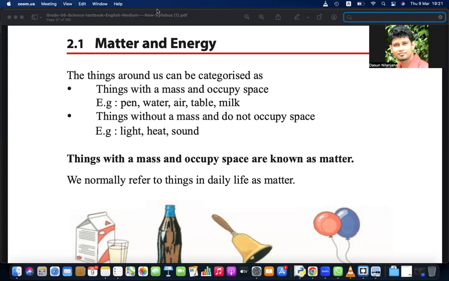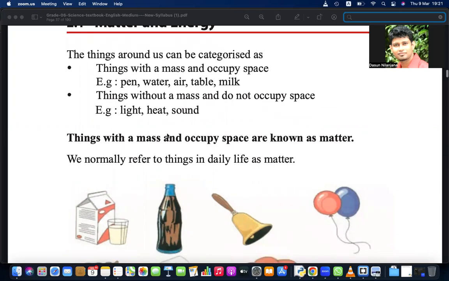Not having mass and not occupying space is called energy. Light, heat, sound are examples for energy. So these do not have mass and do not occupy space.